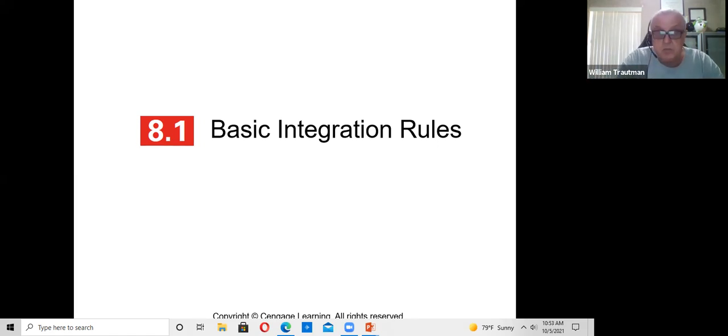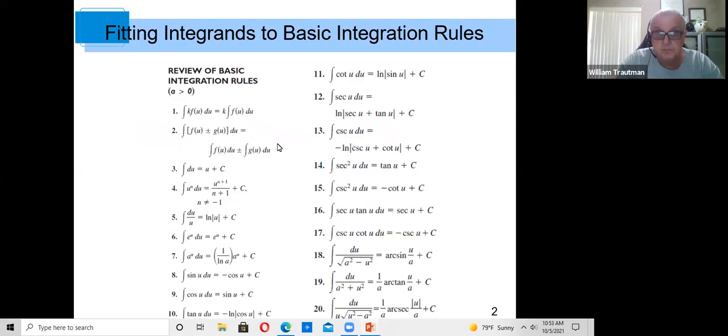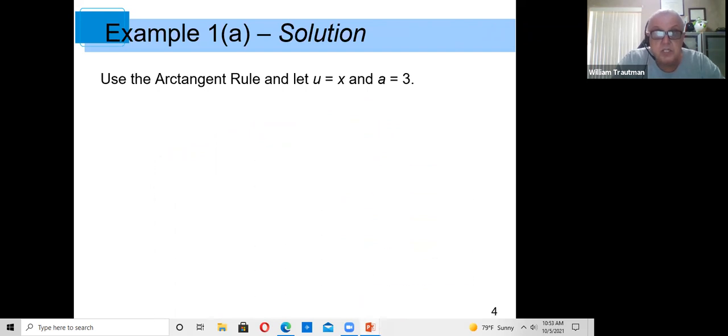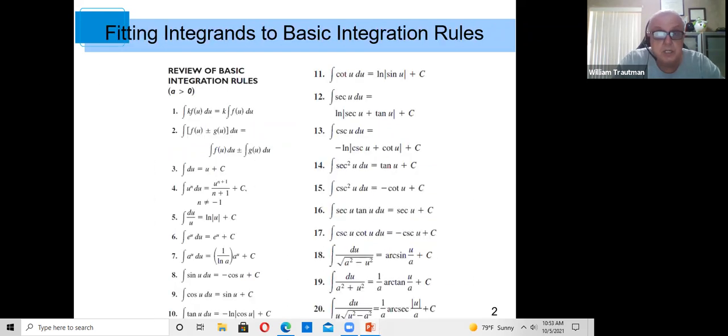All right, let's see what we got on here. So this is from the book, and once again, some more basic integration. I think you can find most of these on your calculus rule, and if not, you can find them in the 100 integration rules somewhere in there. So take a look at these.